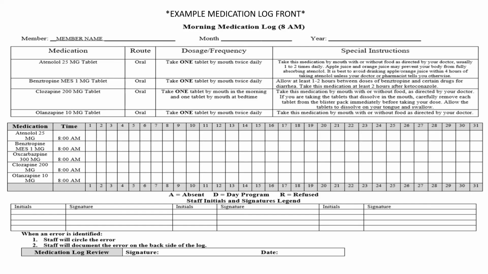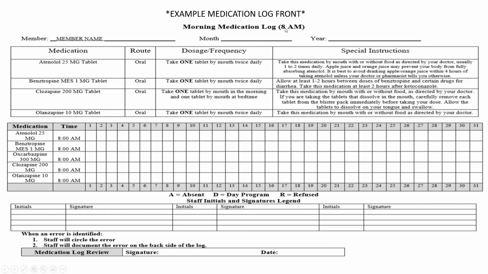So when this medication log is put together, the staff who put it together, typically the manager and assistant manager, will check all of these medication names, routes, dosages, frequencies, and special instructions against the medication label.